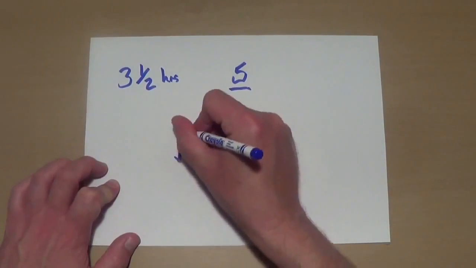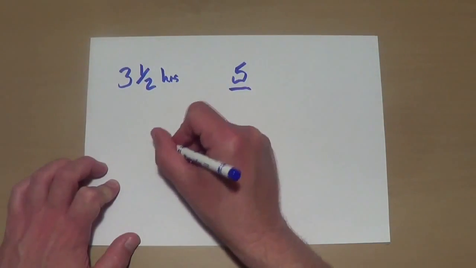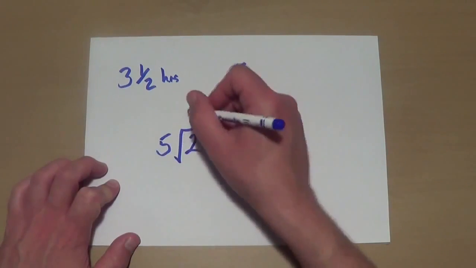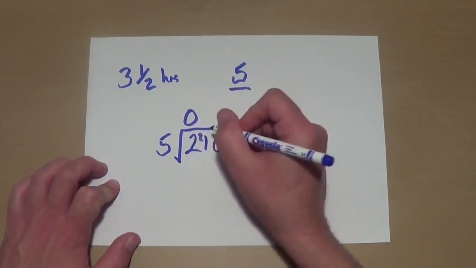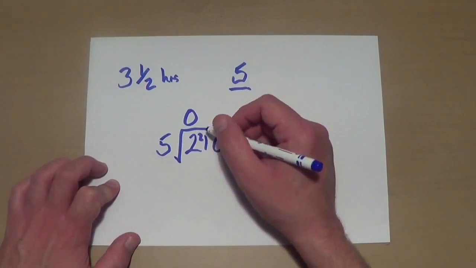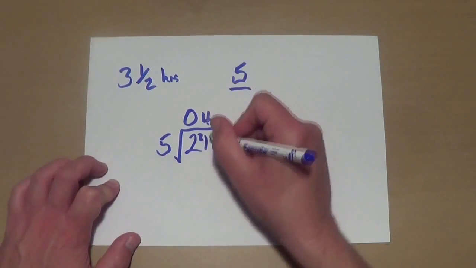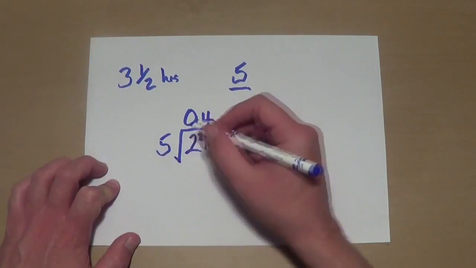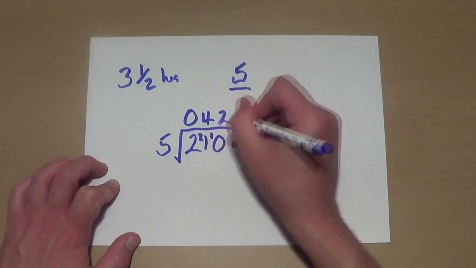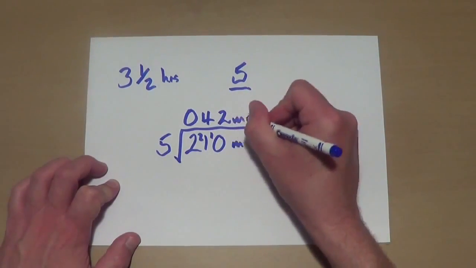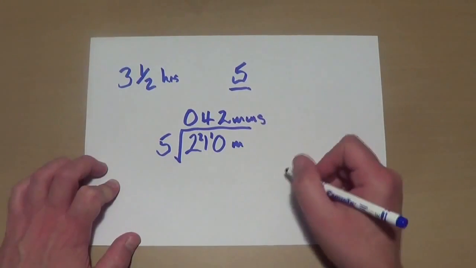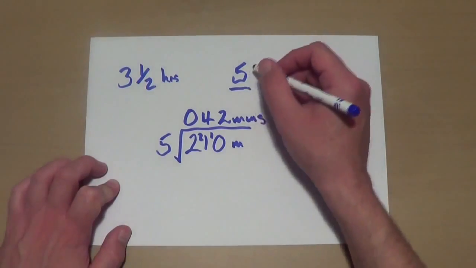And then all we do here is we divide it by the 5. So 5 into 2 doesn't go, carry the 2 over. 5 into 21 goes 4 times, carry the 1 over. And then 5 into 10 goes 2. So the answer is 42 minutes per weekday evening.